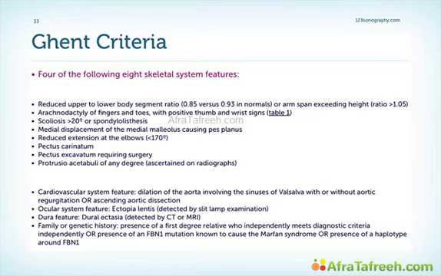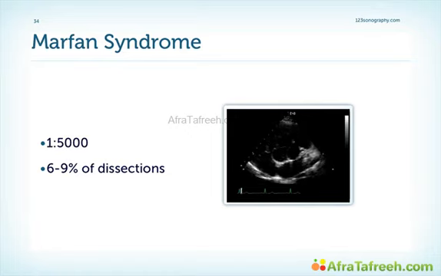Here's a list of the so-called Ghent criteria, but it's probably better if you look them up in your fact sheets. The Marfan syndrome is present in 1 of 5,000 individuals, and it is the cause of dissection in 6 to 9%. The typical echocardiographic feature is that of a large aortic root and very large aortic valves.